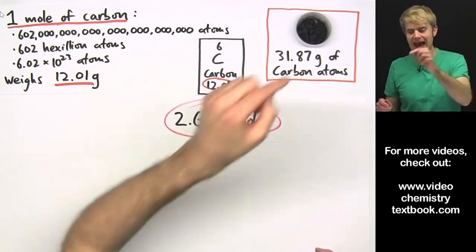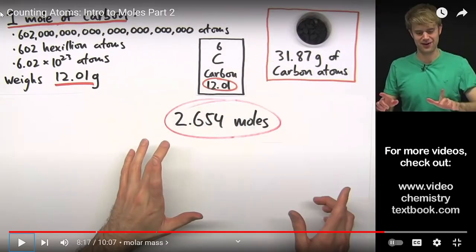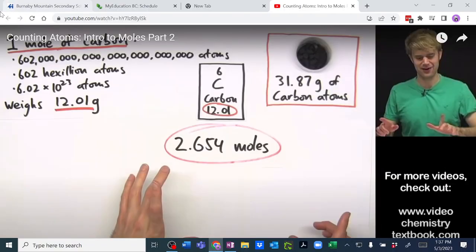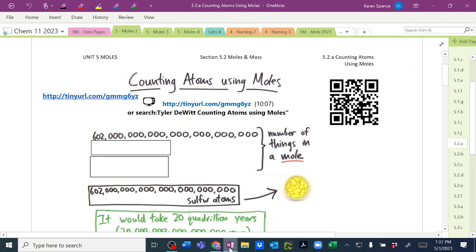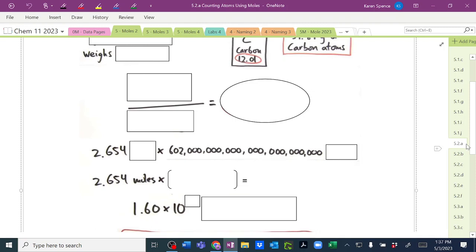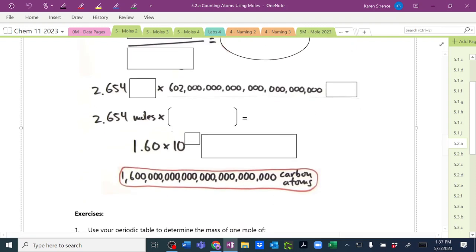Okay, so how many atoms of carbon do I have? And actually, I don't like how he does this because he leaves out the conversion factor part. So we're going to go here and carry on if I can make it move. Oh, there we go. Okay. So here we are.